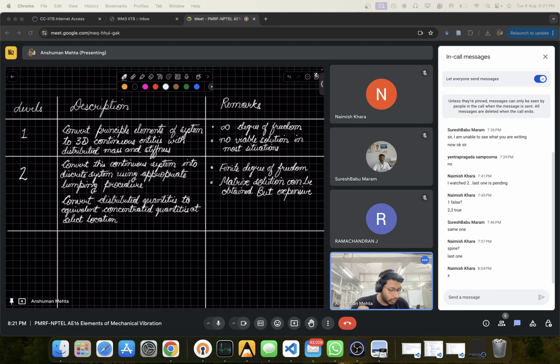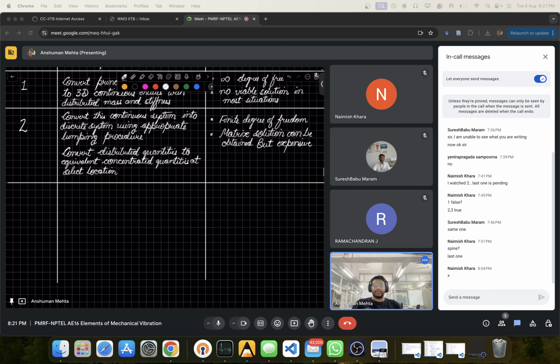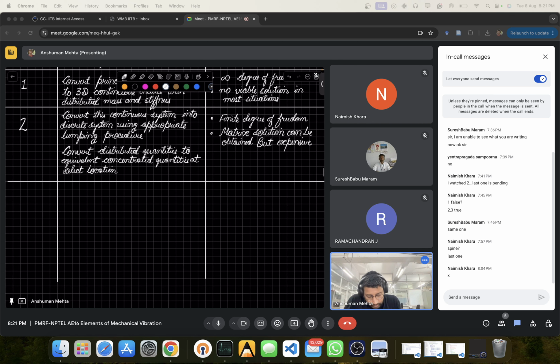So this is what ANSYS and other software do when we are doing actual structural analysis. Here the continuous system has been converted into equivalent concentrated quantities. We call them the mesh in ANSYS or other software.